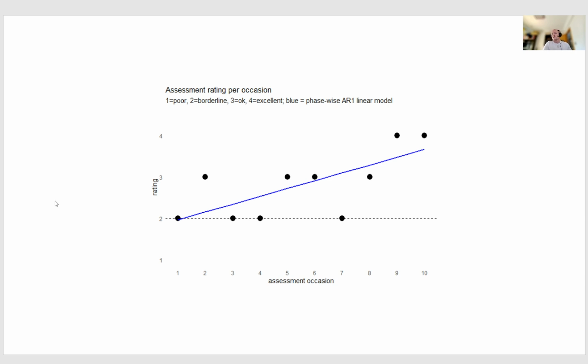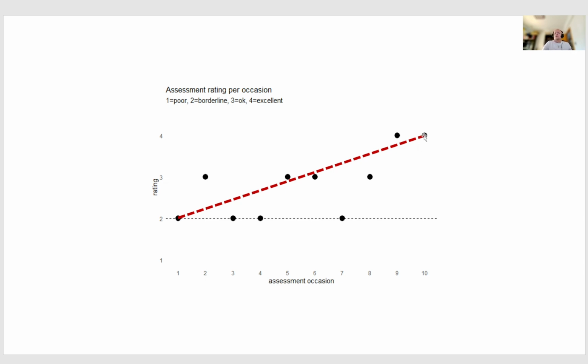Well, the approach that I introduced in a video last week can, in part, also be used for this kind of single case observational design. So we don't need to make linearity assumptions as a starter. What we are interested in is simply the difference between the first measurement and the last measurement, because in this assessment context, we would hope that student performance is better in the last simulation training than in the first.